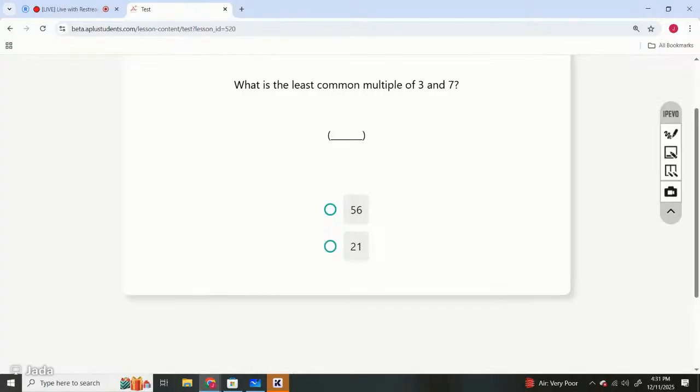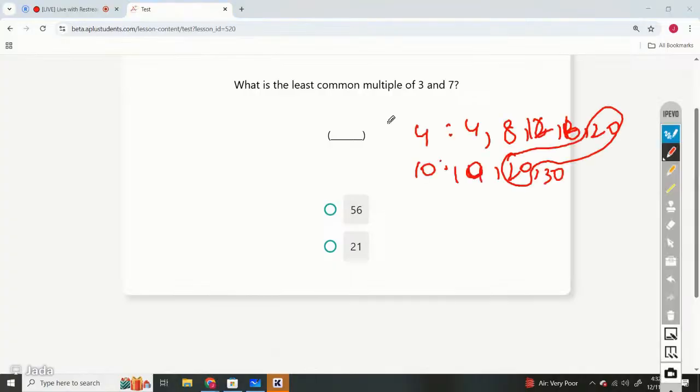What is the least common multiple of 3 and 7? Let's just write down the multiples of 3 and 7.